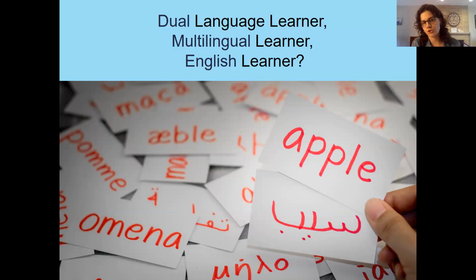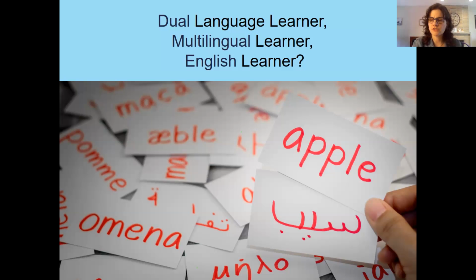And then English learner or English language learner are the terms that have most recently been used here in the state of Illinois. So probably 15 years now at least, we've been using the term English language learner. And then at some point in the last 5 to 8 years, Illinois dropped the language to just English learner, but it's still the same thing.